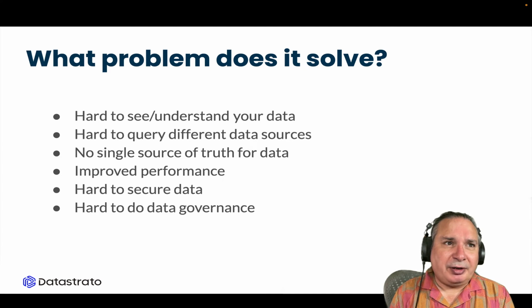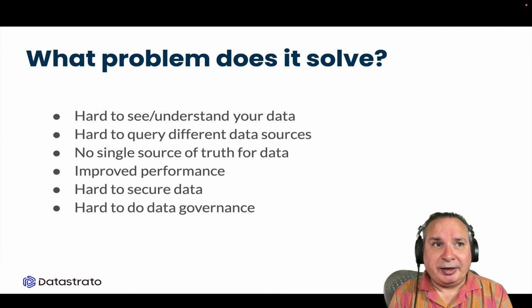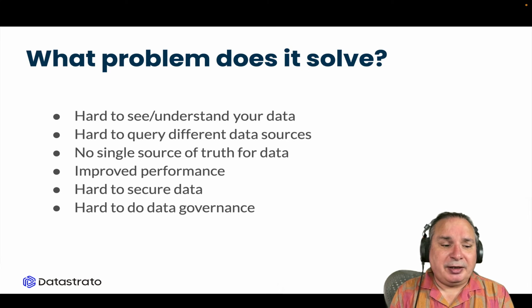Going forward, we're also going to look at how you can secure data, particularly if you're moving data between regions. There may be government legislation that applies, and you can't move sensitive data or private data across country boundaries and things along those lines. So we're going to be looking into trying to solve that problem as well.